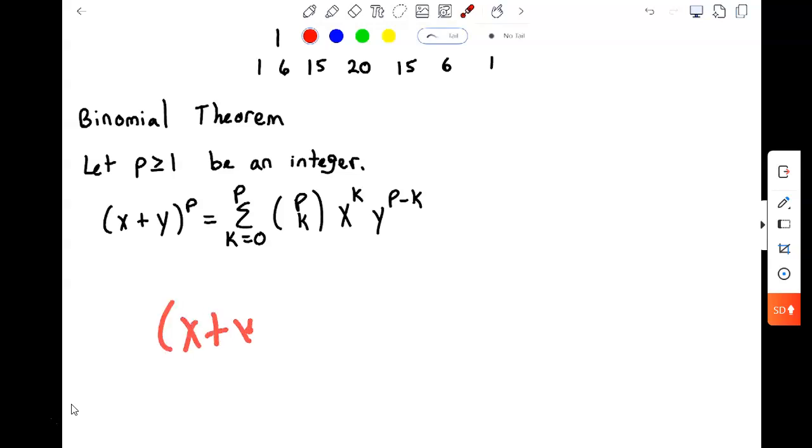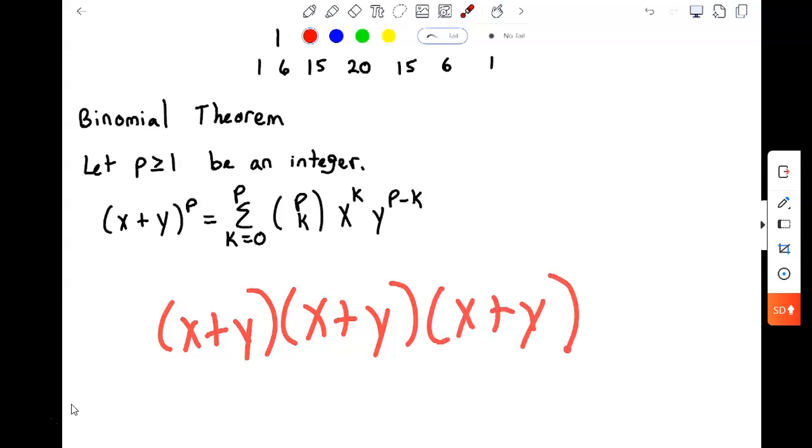If we were doing this 3 times, and we wanted to get our first power, which would have been on our sum here, if we're going from k equals 0, that would have been x to the 0. So that means I'd have to choose no x's at all. So I would actually be doing 3 choose 0, which would be 1, or you could ask yourself the question, how many ways could you select y from every one of those terms?